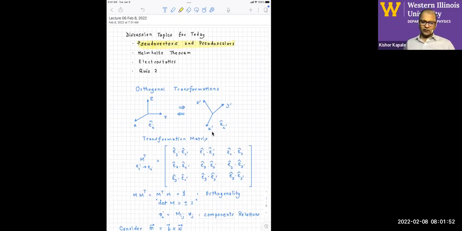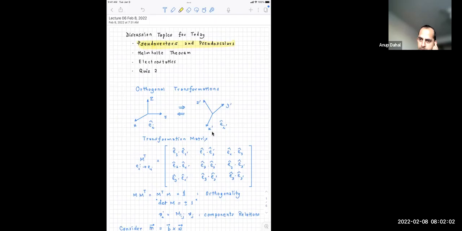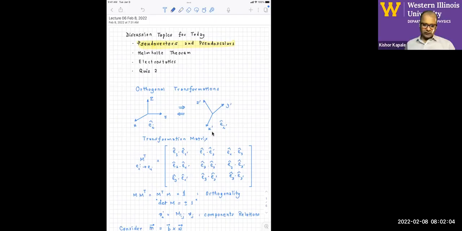And for those who haven't seen it, think about it after we have finished the discussion today. Read through the textbook, and then you will get some idea on why these concepts are important.